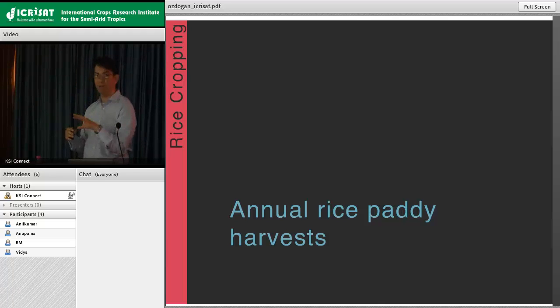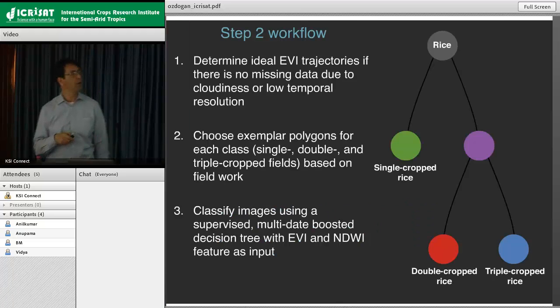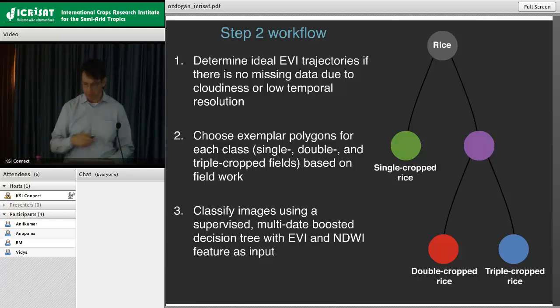And we wanted to quantify how, between those years in a decade, the rice growing cycles had changed at different locations. For that, we've been using both the vegetation index EVI and wetness index trajectories. I'll show you an example of that in a second. And then we put those trajectories into a machine learning algorithm called a decision tree.